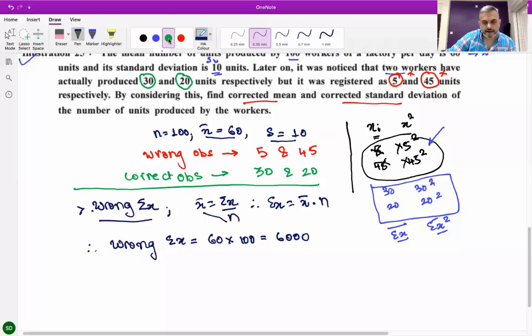Let's find the correct sigma x also with this. Or let's do a different thing. First, let's find out wrong sigma x square, and then we do both parallelly so that you can correlate it with this working. Okay. So let's go to the next point.